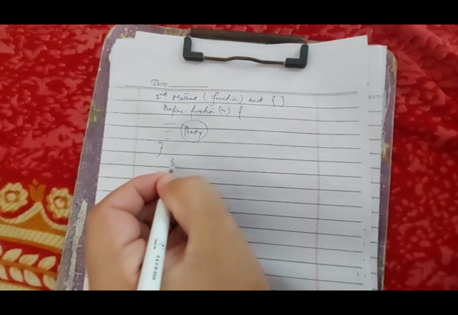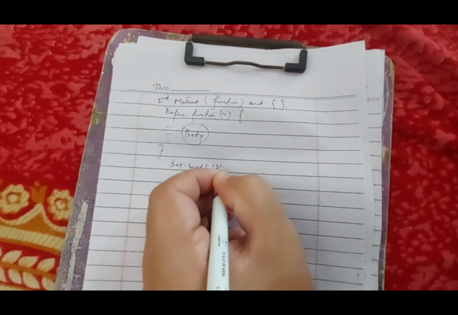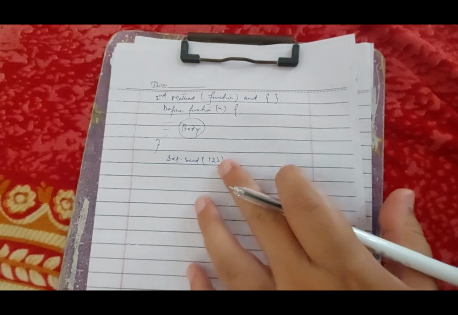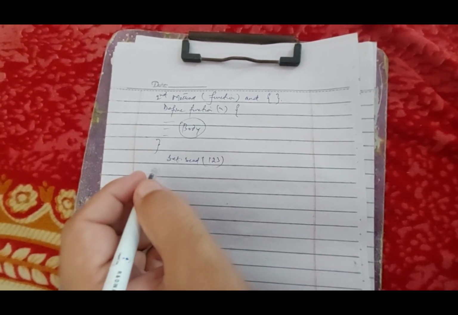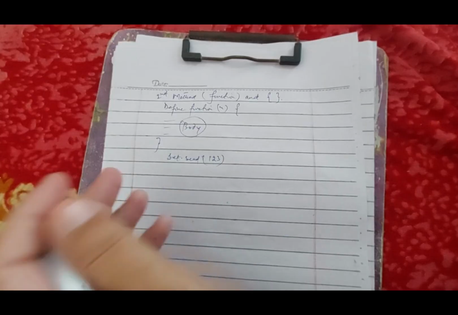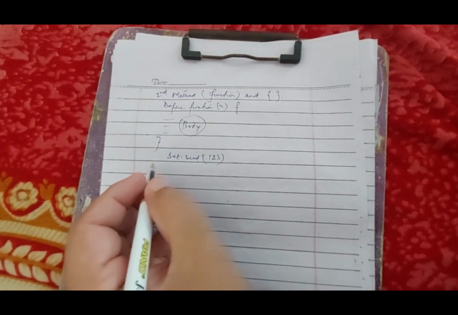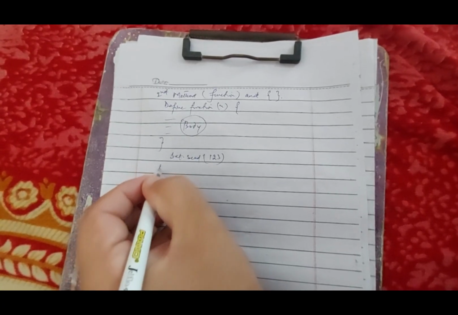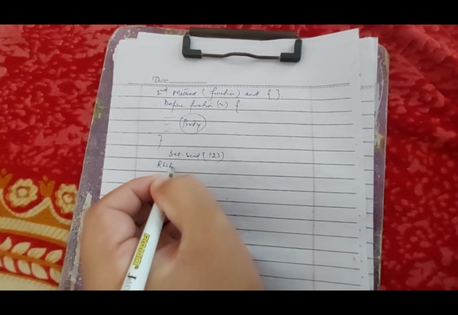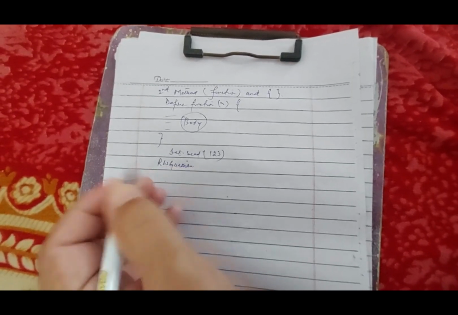So the very first thing is to set the seed. When I set the seed, after that I need to define the function. For that I need to put the function into some variable. The variable is, for example, random walk Gaussian.